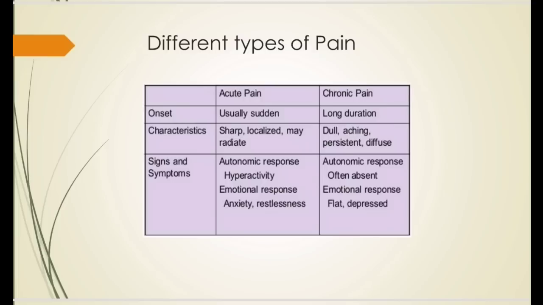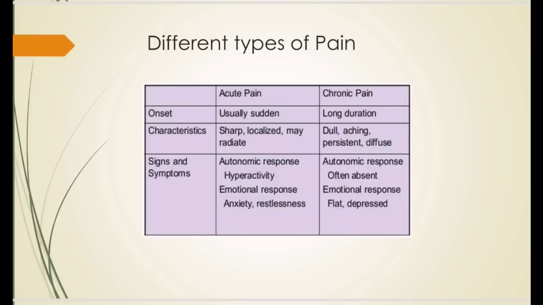If I ask you to describe it, what does it feel like? You will usually describe it as dull, achy, okay? Heavy or tired, persistent. Persistent means that it doesn't go away easily. You try a lot of different things and it stays there. You try a lot of different medication and it stays there. That is what persistent means.